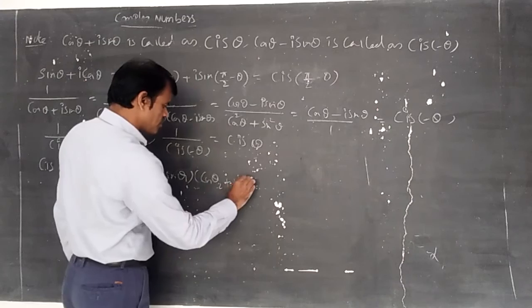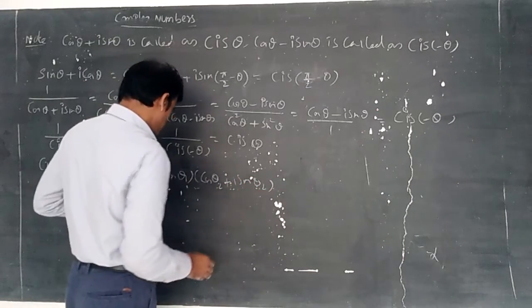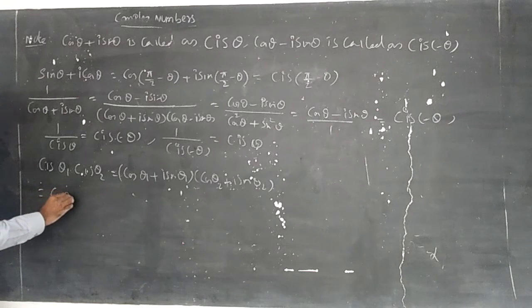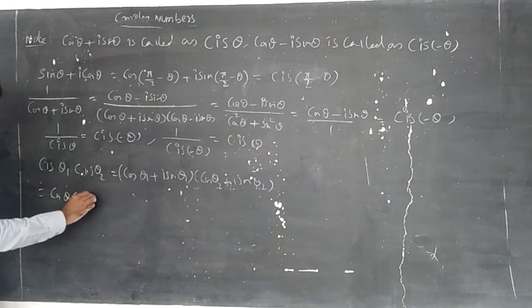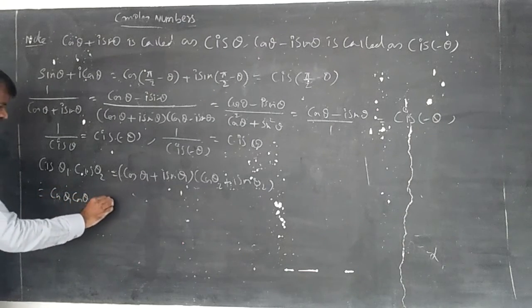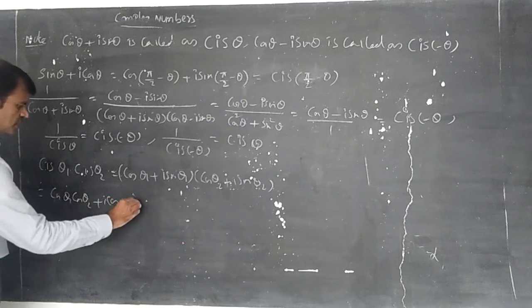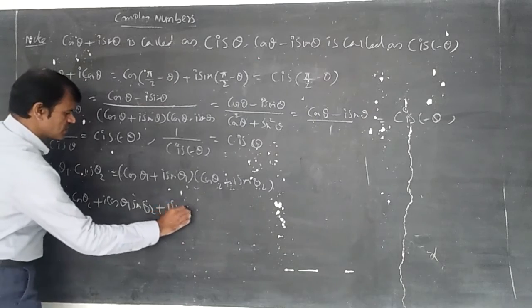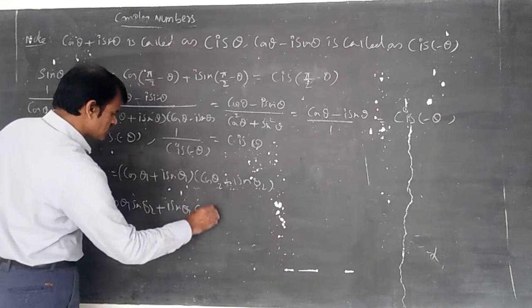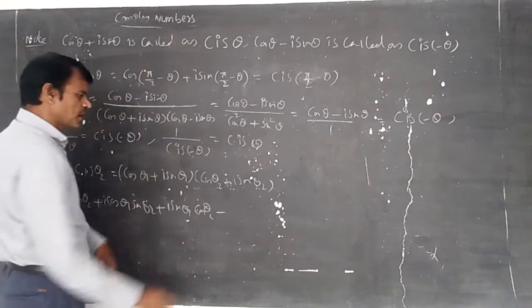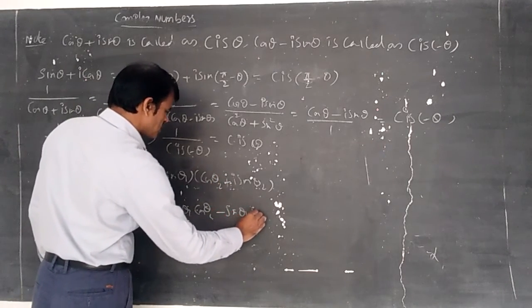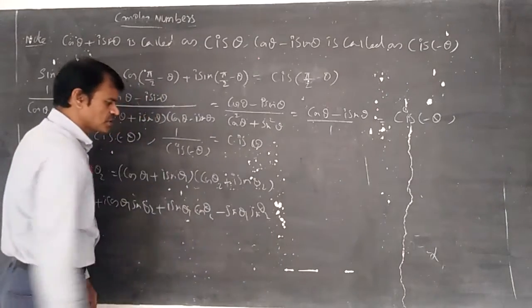If you multiply with this one, you can get here cos theta 1 cos theta 2 plus i cos theta 1 sin theta 2 plus i sin theta 1 cos theta 2. I into i becomes i square, that is minus sin theta 1 into sin theta 2.